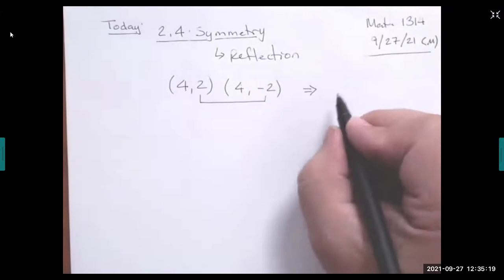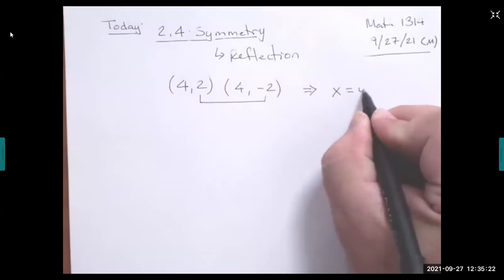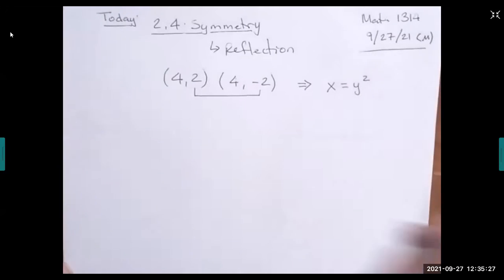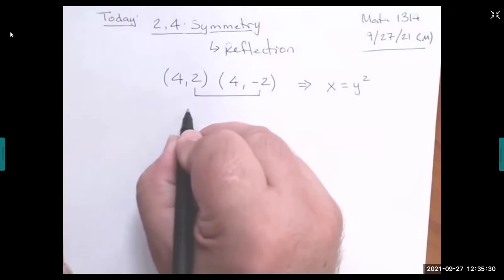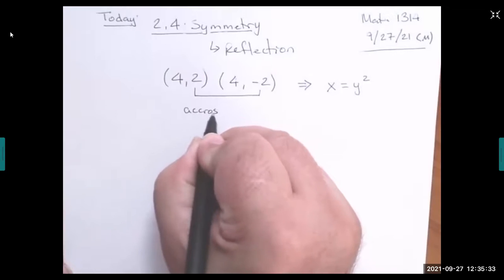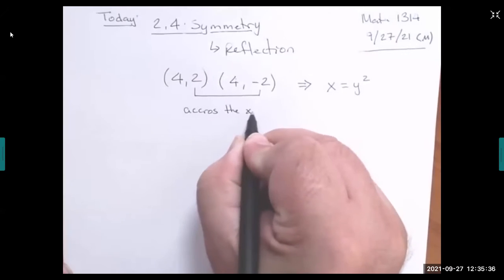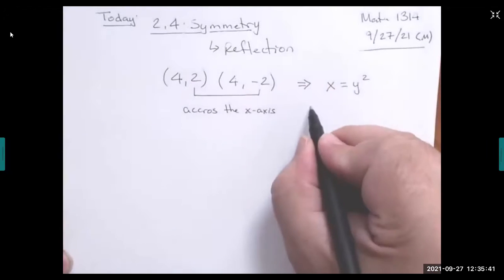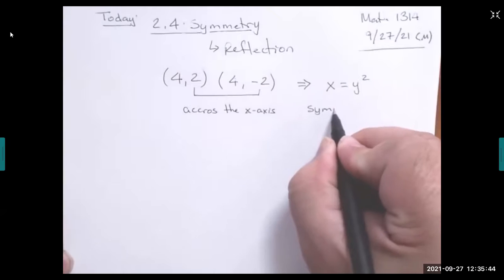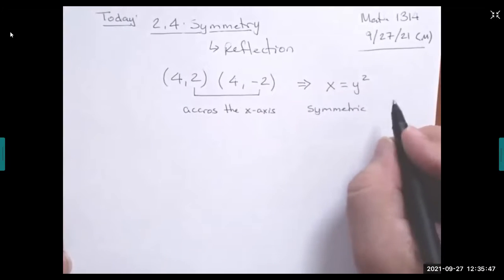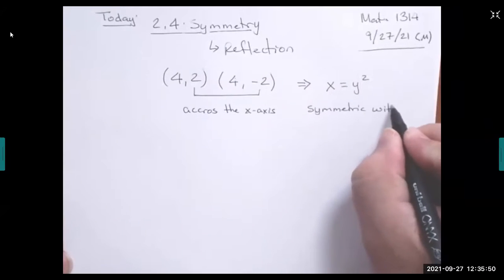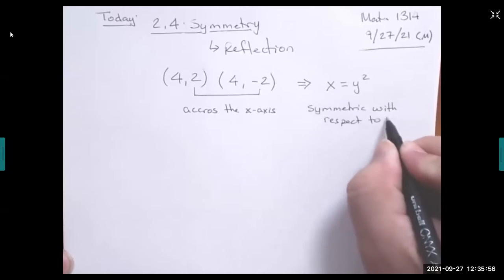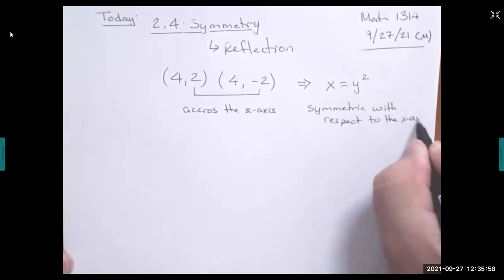These 2 points are an example of this function, reflected across the x-axis. What we say is it's symmetric with respect to the x-axis.